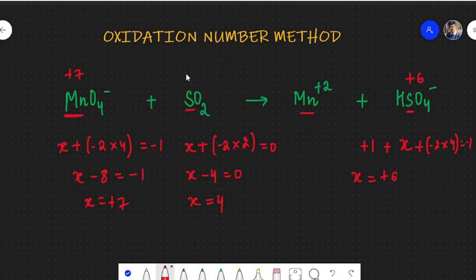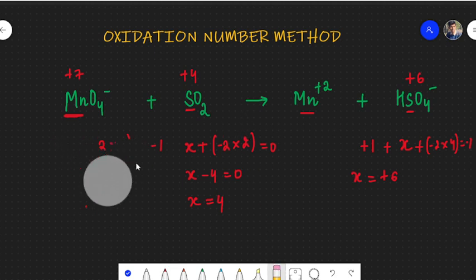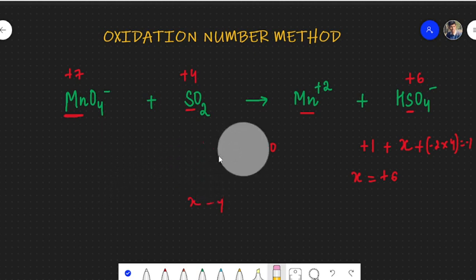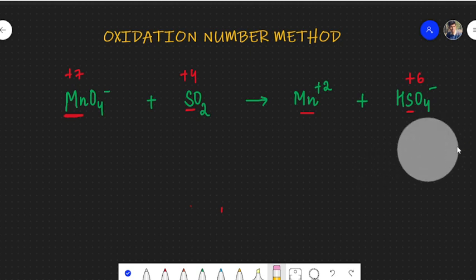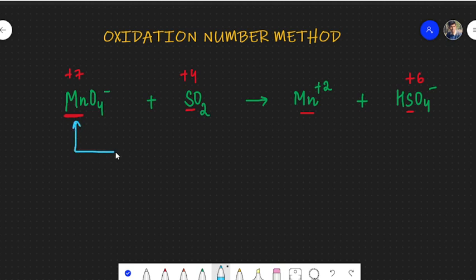Now step number 2, we have to identify which species is undergoing oxidation and which species is undergoing reduction. Now we can clearly see, and from the definition also we know, a decrease in oxidation state is reduction.